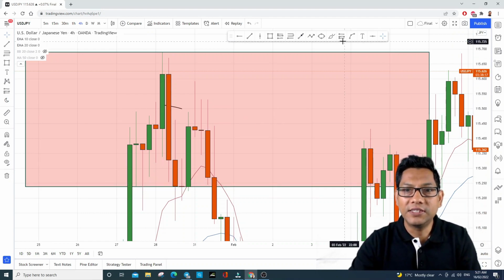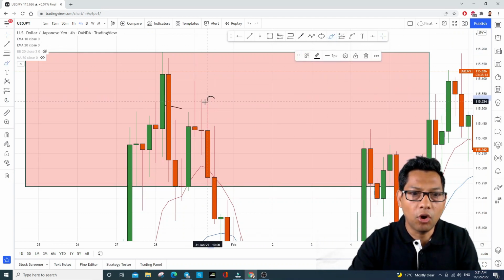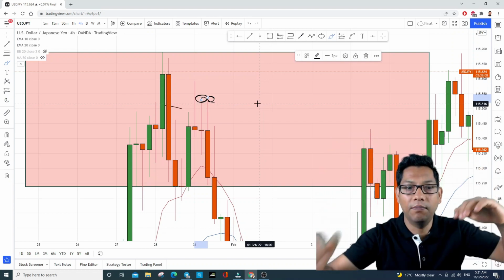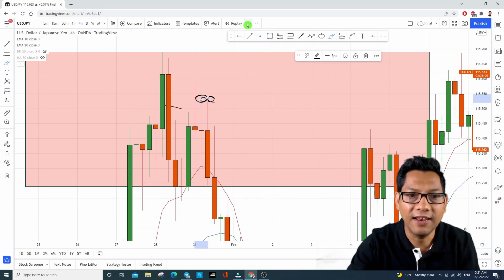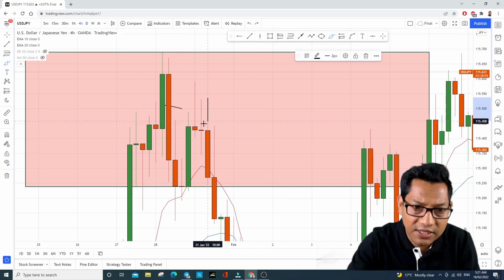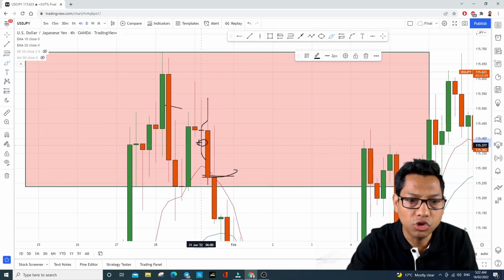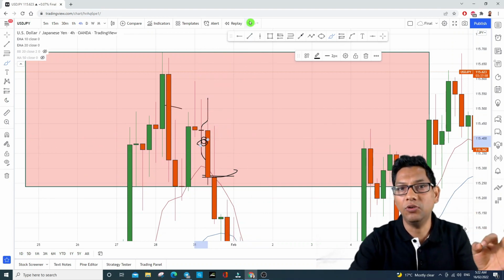Look at this one here, this candle almost crossed the previous candle's high. The buyers took the price above the previous candle's high, and then the sellers aggressively sold and closed well below the previous low. That is what you need to pay attention to.